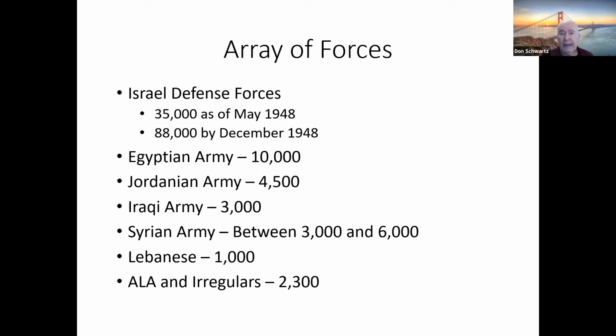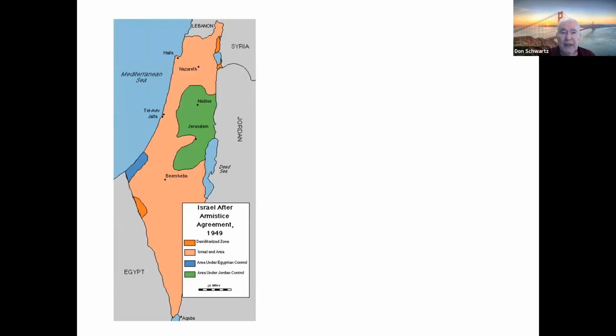By the end of the fighting in spring of 1949, the Israelis possessed 3/4 of the territory that the UN had originally allocated to the Palestinians for their state. So this map shows the extent of Israel after the armistice agreement in 1949. And as you can see, it's much more extensive than the Israel that was provided for in the UN partition plan.